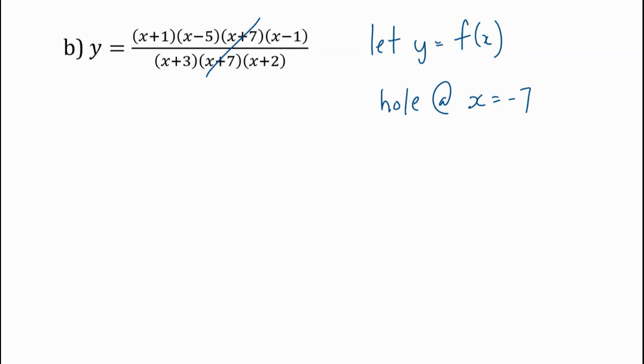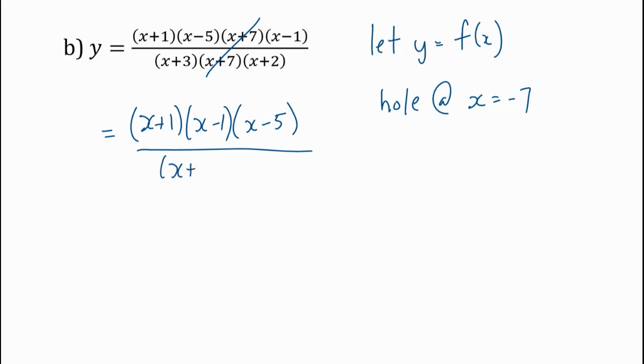And the trick with the hole is we notice it, hopefully, and then forget to actually include it in the graph. Okay, so this is x plus 1, x minus 1, x minus 5, x plus 3, x plus 2.